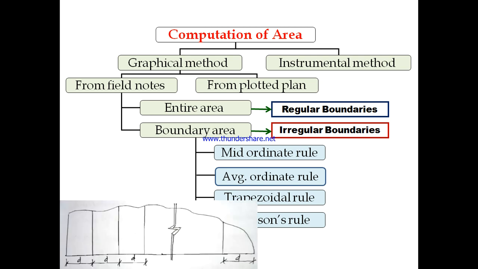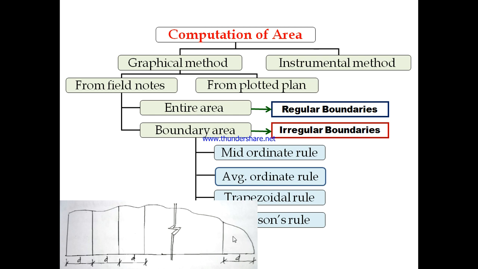Let us see this example. Suppose I have this piece of land with me and I need to calculate its area. You can see that this boundary is irregular in nature, while the lower boundary is a perfectly straight line. So what will we do? We will divide this area in such a manner that firstly it forms a rectangle. Suppose I join this line, then this particular part can be considered a rectangle.